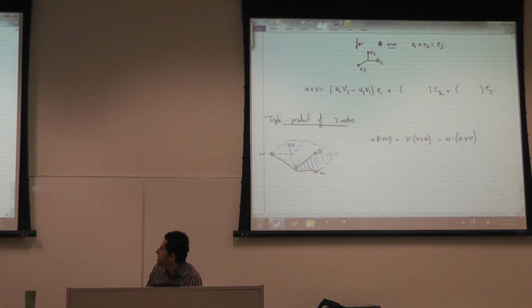So this is the area, and then you take the dot product between z and w, you get the volume.